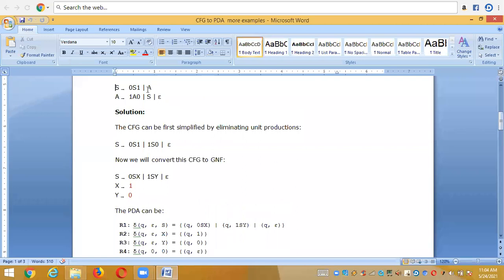To remove the unit, I need to substitute what A is defining, and I need to remove the epsilon also. So finally, A becomes a useless symbol. So what I did here is, with only S, I rewrote the rules like this: S tends to 0S1 and 1S0 or epsilon.